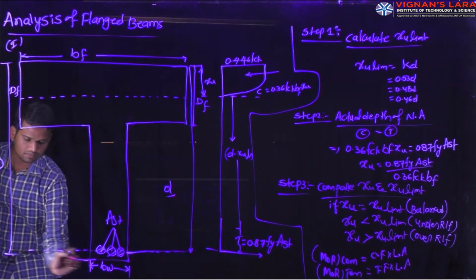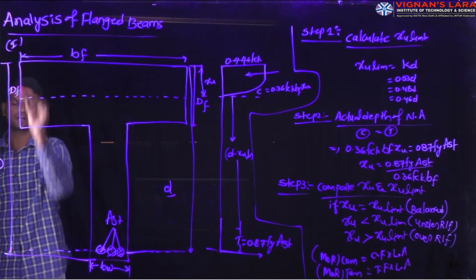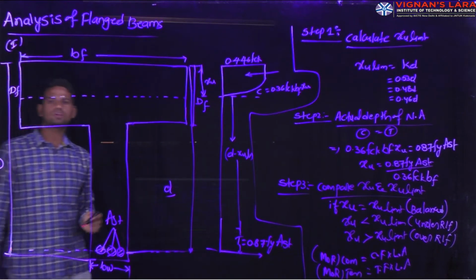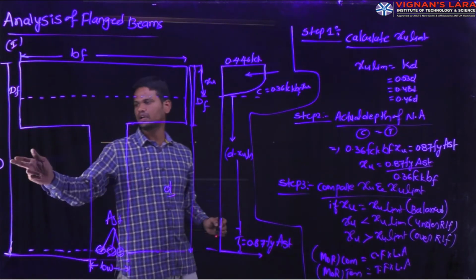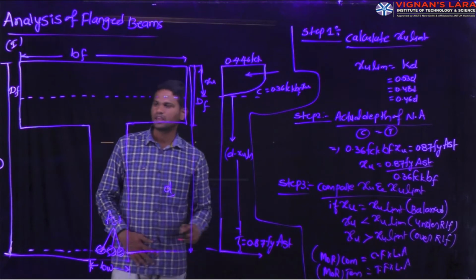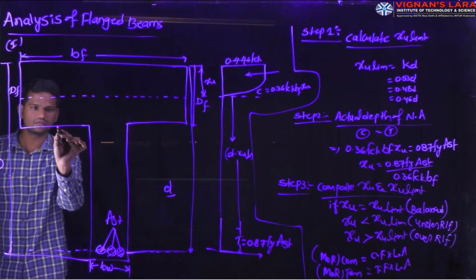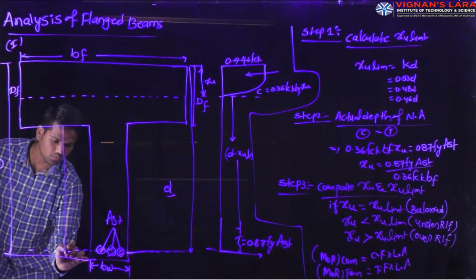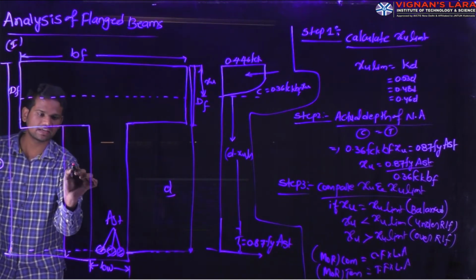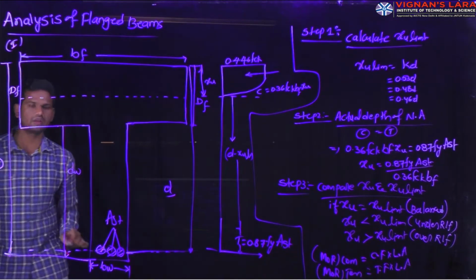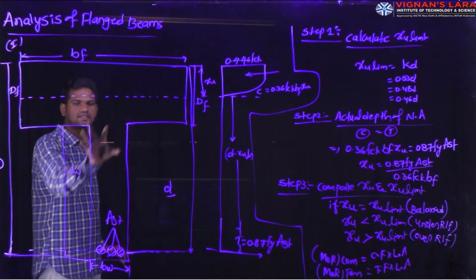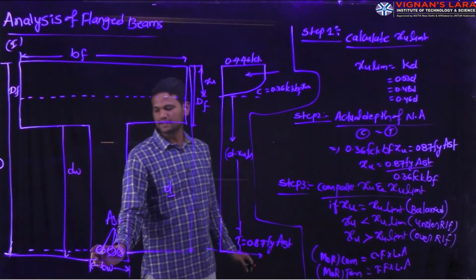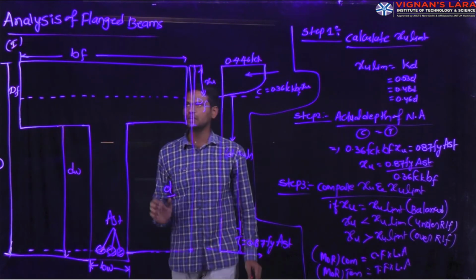The gross depth is from the top of the compression fiber to the outer surface of the concrete beam, which we take as the depth of the beam. From the bottom of the outer surface of the flange to the bottom of the web, we take this as the depth of the web. This portion is called the depth of the web, and this portion is called the width of the web.